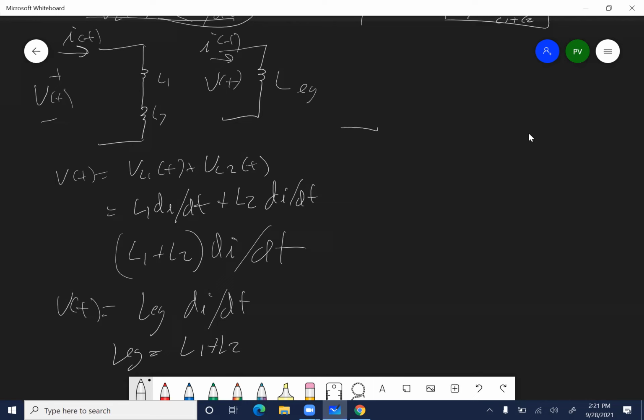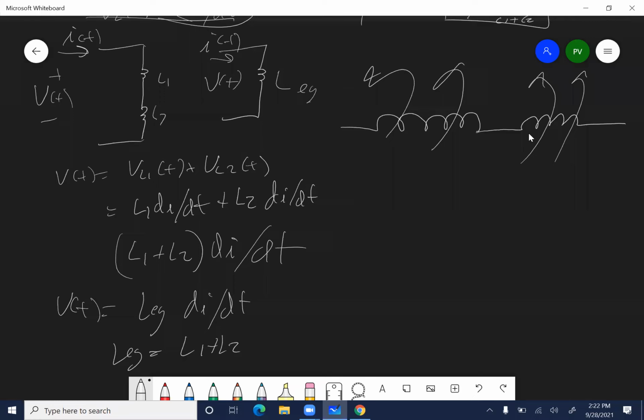Which makes sense because if I look at an inductor as an actual coil of wire, I'm generating a magnetic field around that. When I add another coil of wire, it's another way of saying I'm just adding more turns. I'm putting more turns on the wire, so I generate more magnetic field with that same level of current.